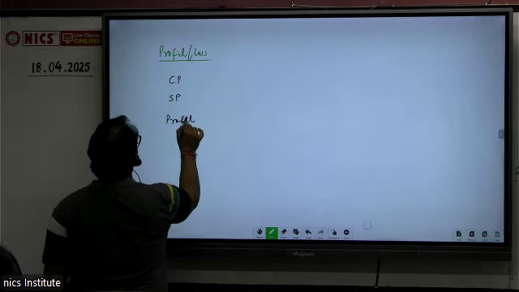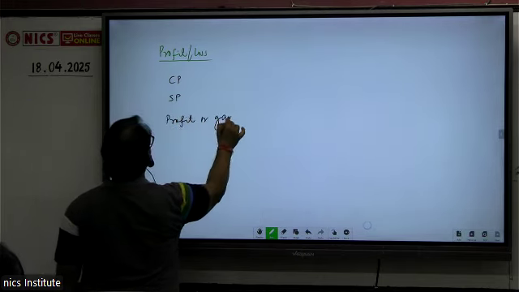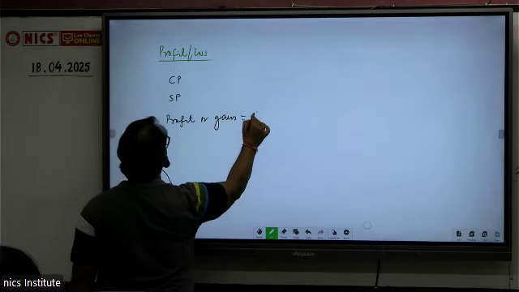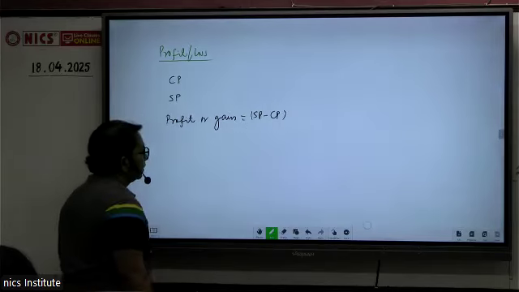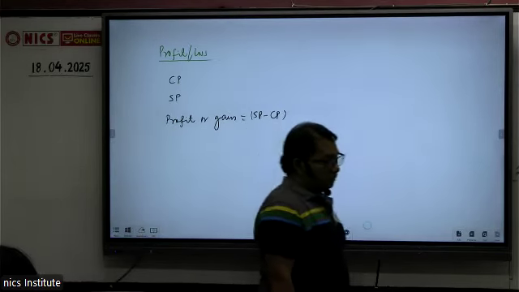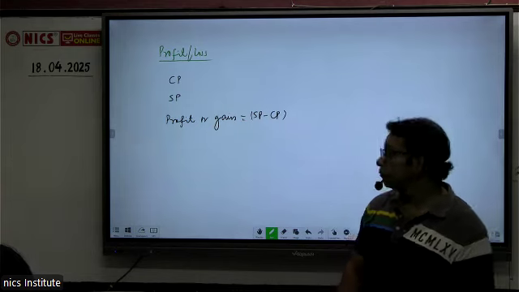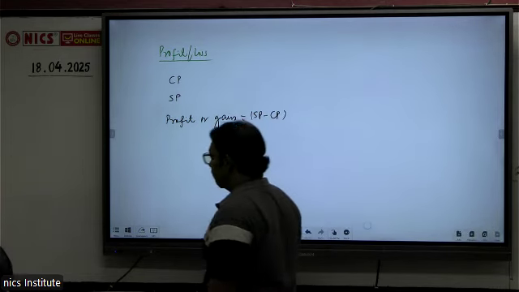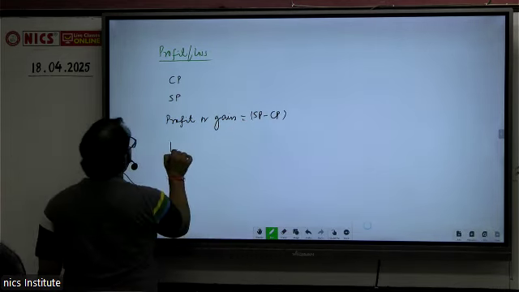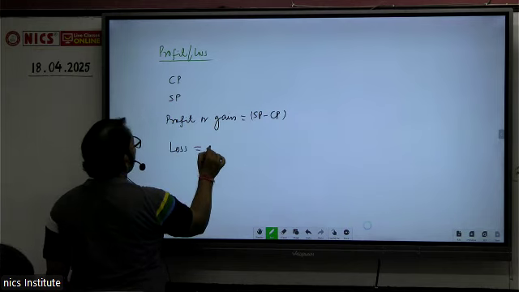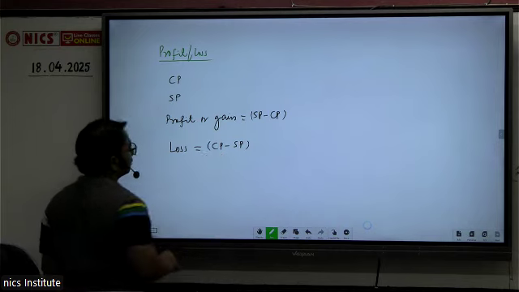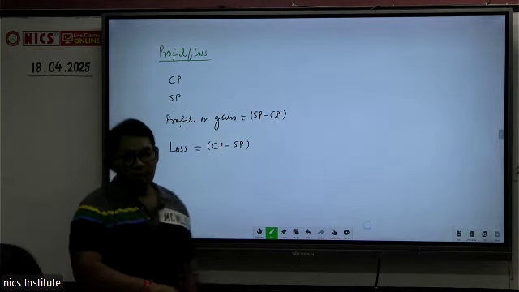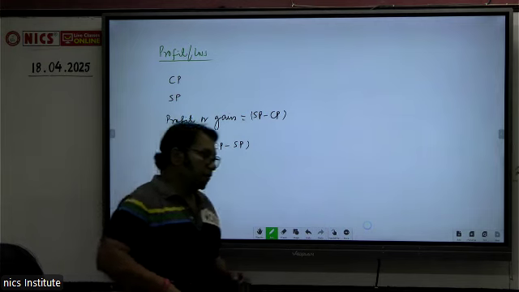Profit or gain will be if SP is more than CP, and the difference would be the profit or the gain. What about loss? Loss would be when CP is more than SP. If the cost price is more than sell price, it'll be loss.